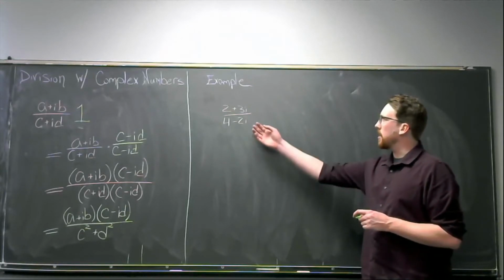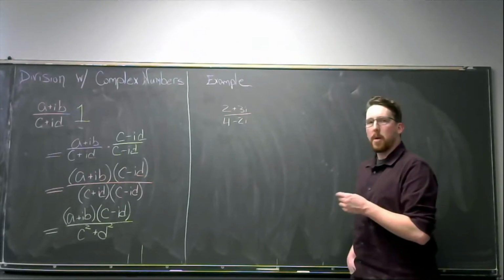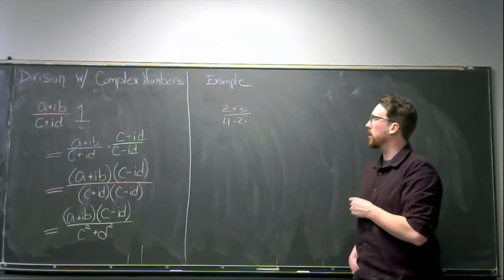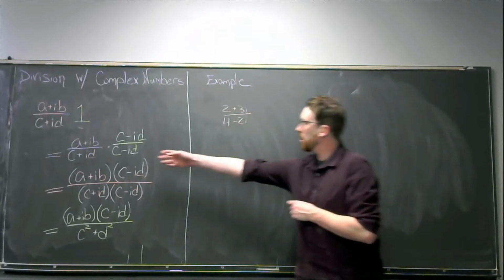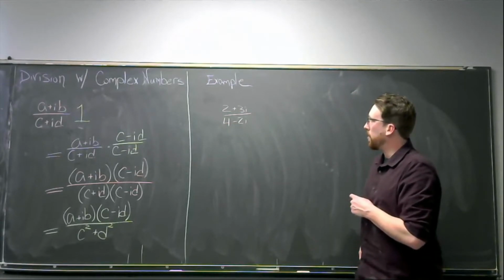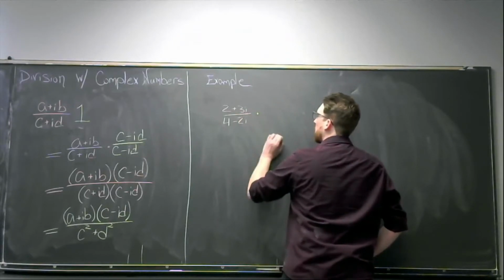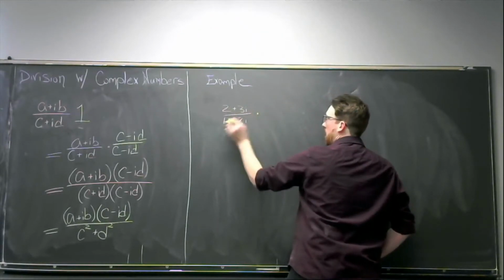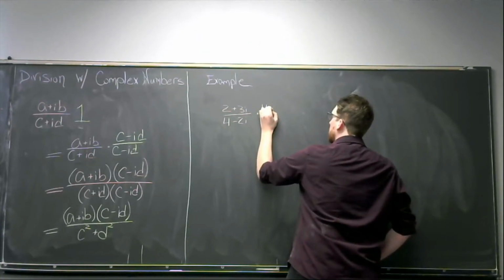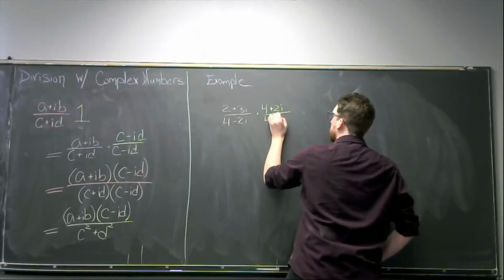What we've got in this example is 2 plus 3i divided by 4 minus 2i. Well, I want to multiply the denominator by the complex conjugate, that is. So this is going to come out to be our original fraction multiplied by 4 plus 2i over 4 plus 2i.